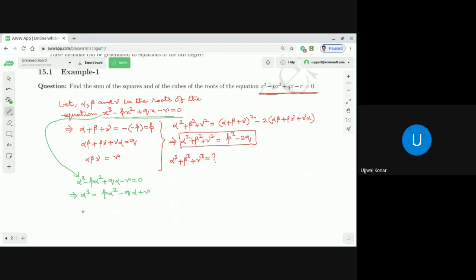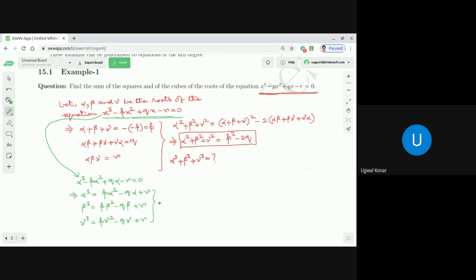In the same manner, we will get beta cube is p into beta square minus q into beta plus r, and gamma cube is equal to p into gamma square minus q into gamma plus r.